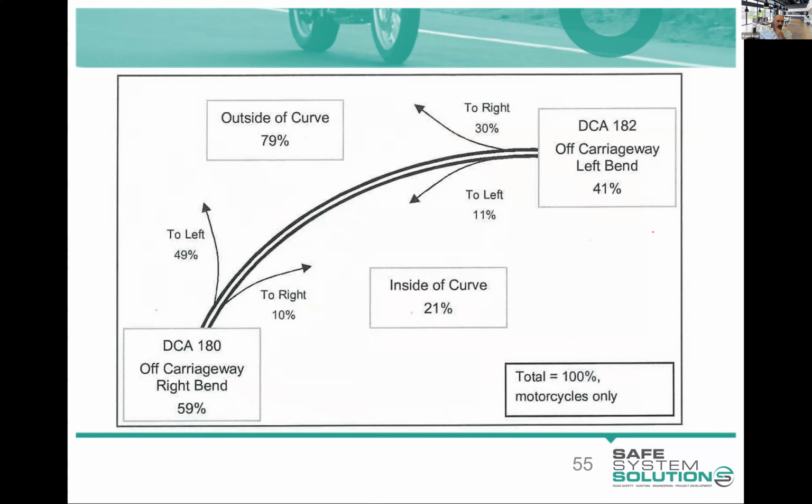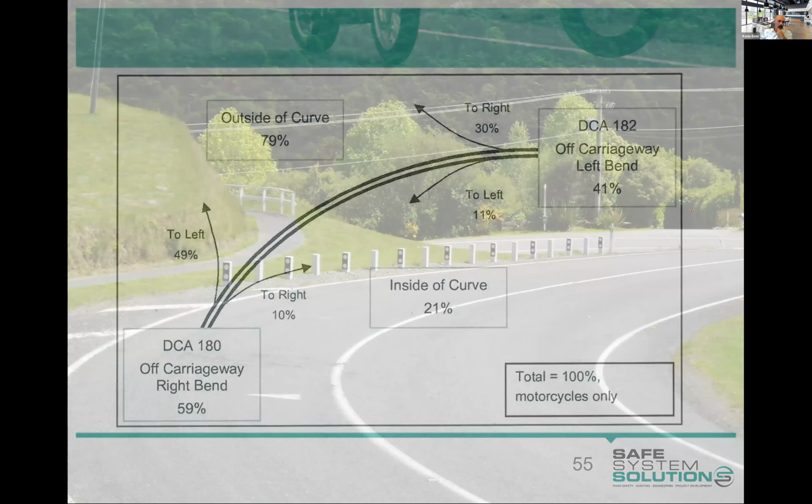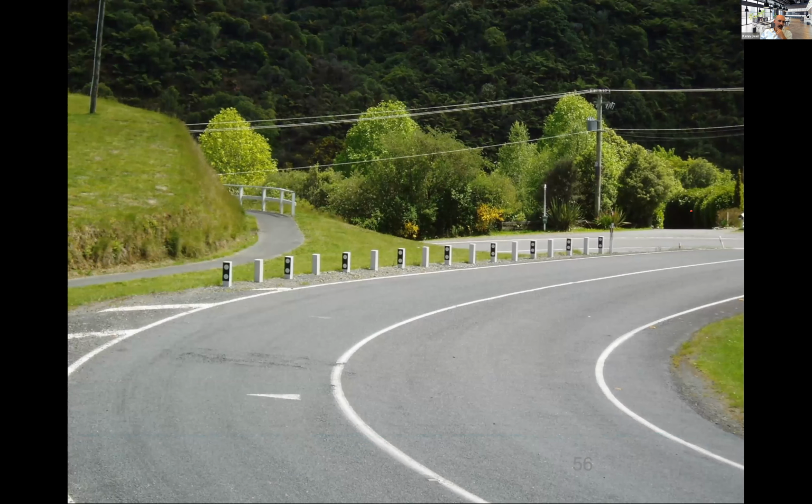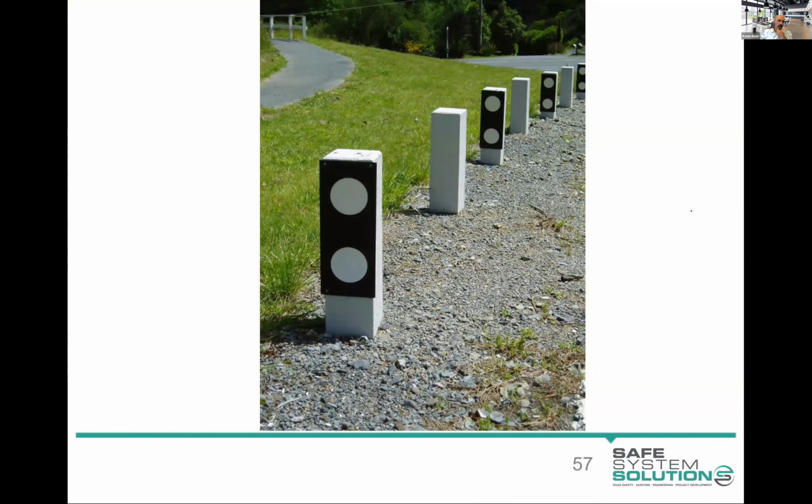Cars will crash on the inside of the curve quite a bit as well. So there's a surface defect, and outside of the curve, concrete blocks on a popular motorcycle route in New Zealand.